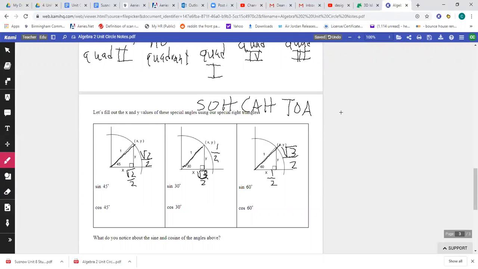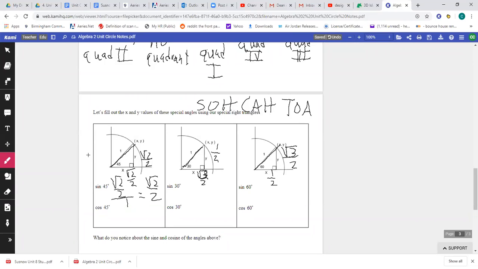So if I do sine of 45, sine of 45 is opposite over hypotenuse. If this is 45, the opposite is root 2 over 2, and the hypotenuse is 1. Well, what happens if you divide by 1? It's just the same thing.